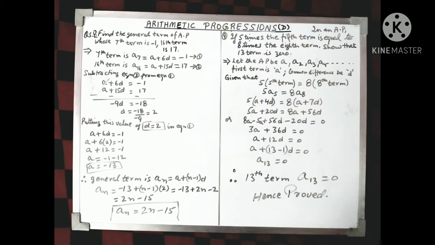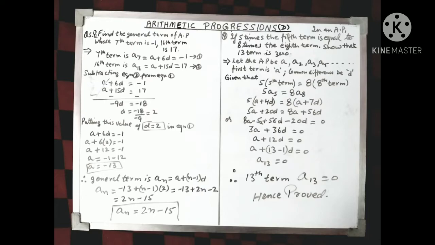That is, the 13th term is a13, which is written as a plus 13 minus 1 d, which is coming out to be 0. So this was what had to be proven. So we have finally proved that the 13th term is 0 if 5 times the 5th term is equal to 8 times the 8th term, right? So we are getting the 13th term as 0, hence proof.